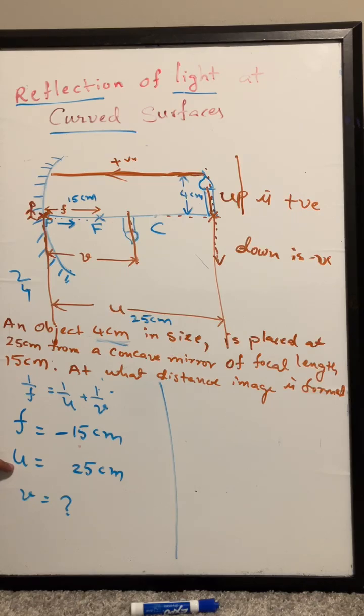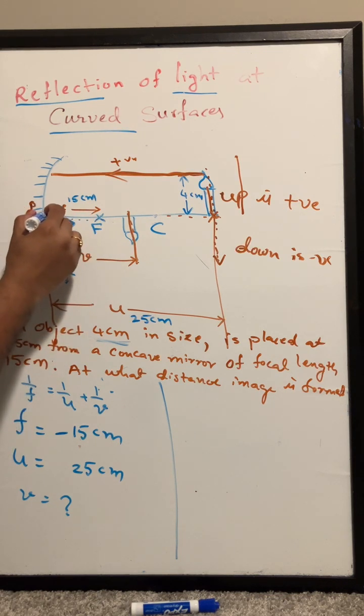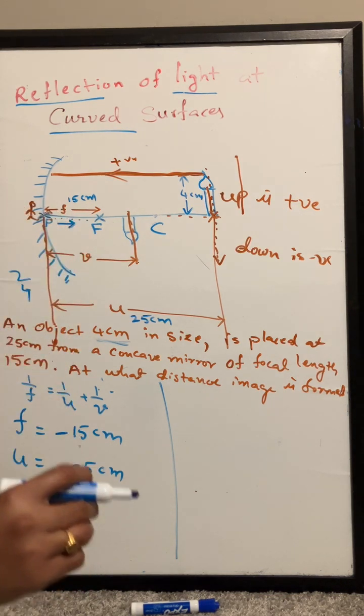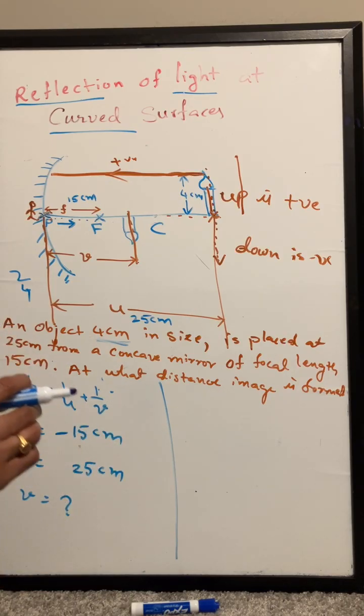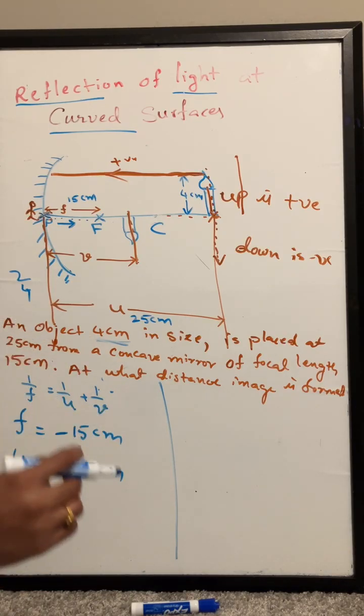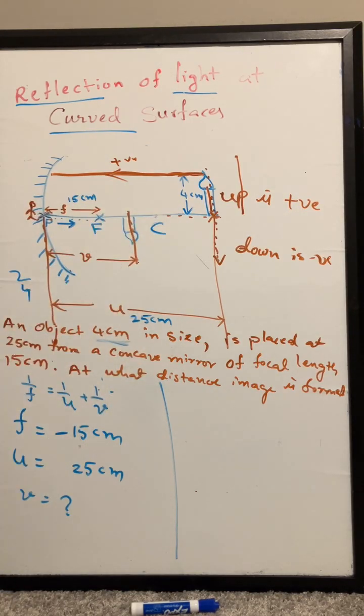And let's take the distance of the object from the pole, that is u. Is it positive or negative? Let's see. I have to start from here because I have to measure all the distances from the pole. I am stressing this point, from the pole. So you have to be there and walk towards the object.